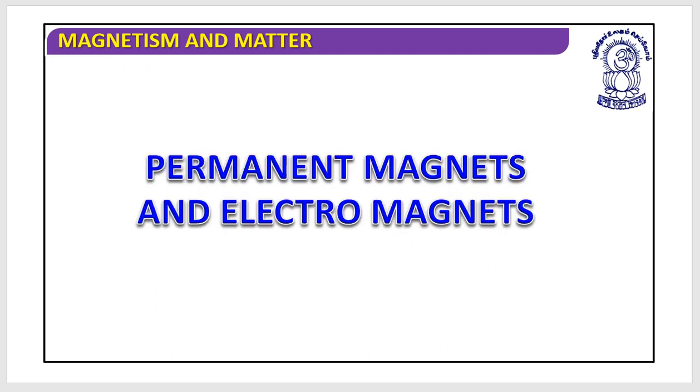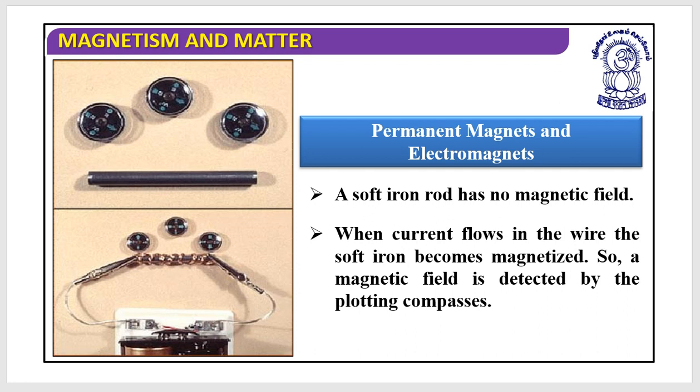Now let's look at the permanent magnets and electromagnets. So let's begin. We can say that this soft iron does not have any magnetic field. But as you can see, now this soft iron is being connected with certain circuits.